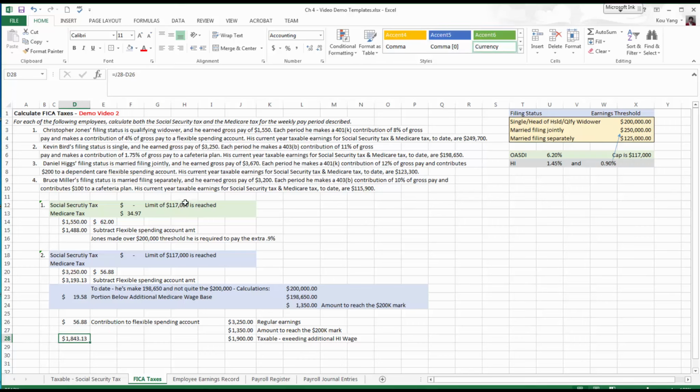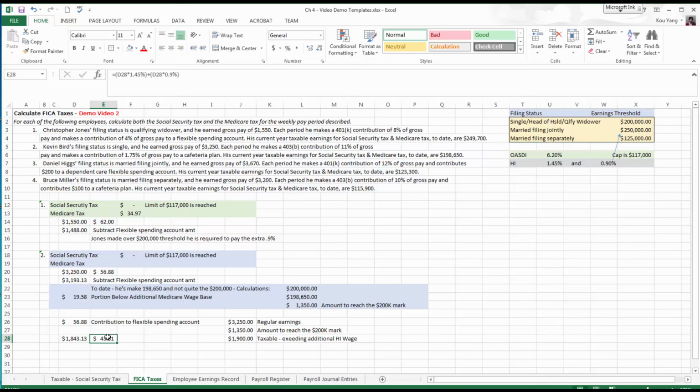So actually this much is the only amount that is taxable under that amount. So I'm going to take that, multiply it by 1.45%, and you can do it two ways. Okay, plus this amount times 0.9%. You add them together.